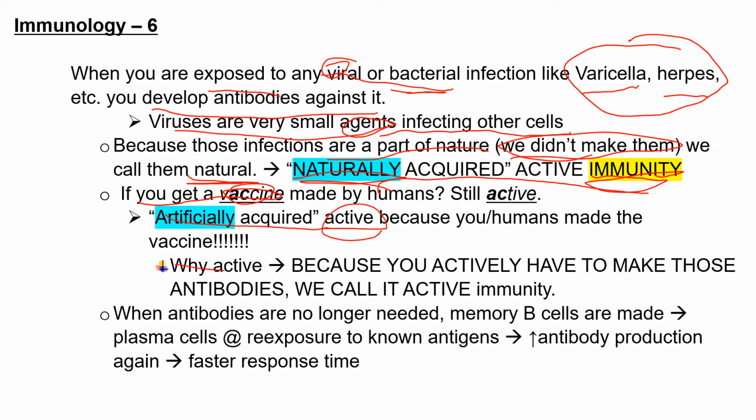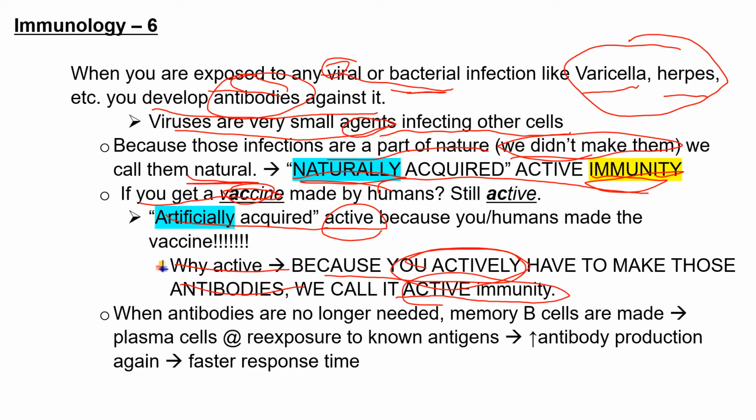So why active? To know why active, you have to think about making antibodies and realize that antibodies are something that you actively make. Because you actively had to make those antibodies, we call those immunities where you need to make your antibodies yourself active immunity.